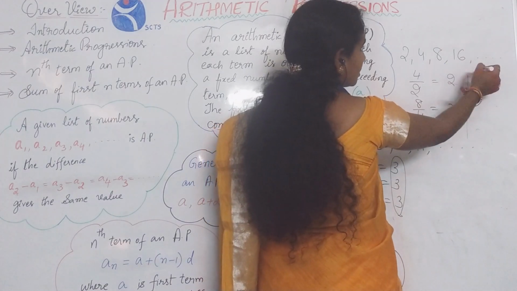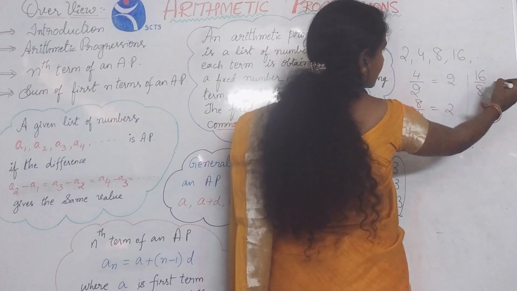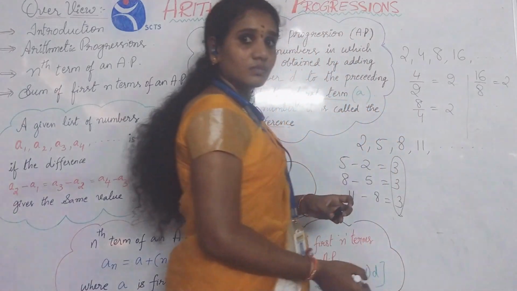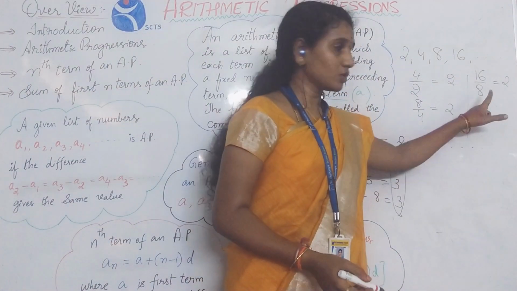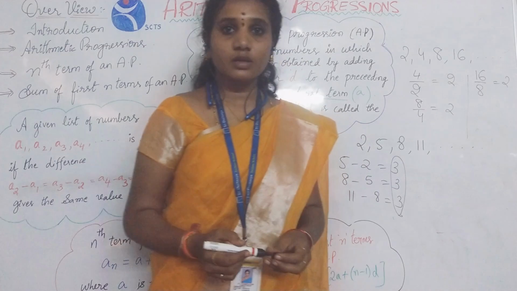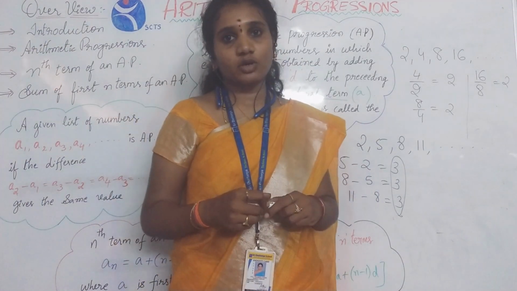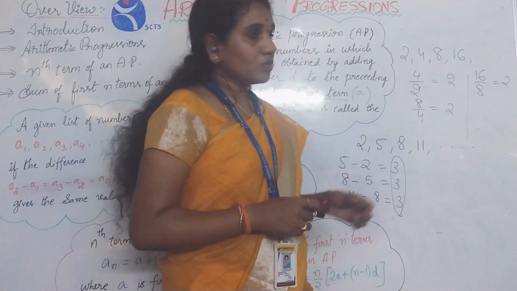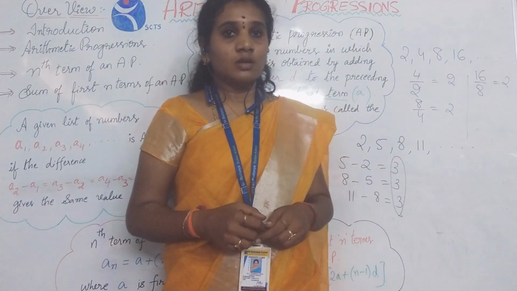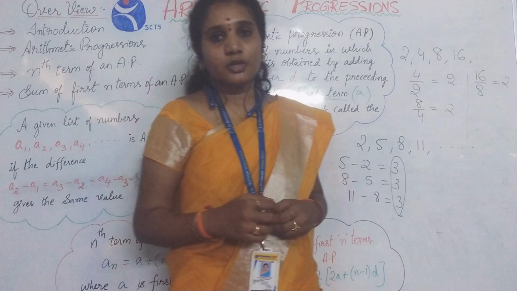And fourth term by third term, 16 by 8, that is also equal to 2. So here 2 is the fixed, common number, and that is called the common ratio. So in geometric progression, or GP in short, 2 is called the common ratio. That type of progression is called geometric progression.